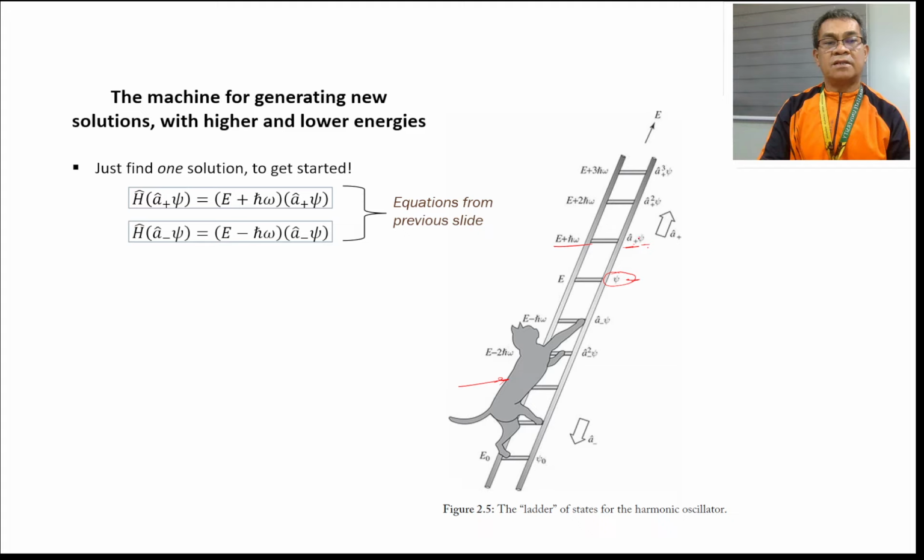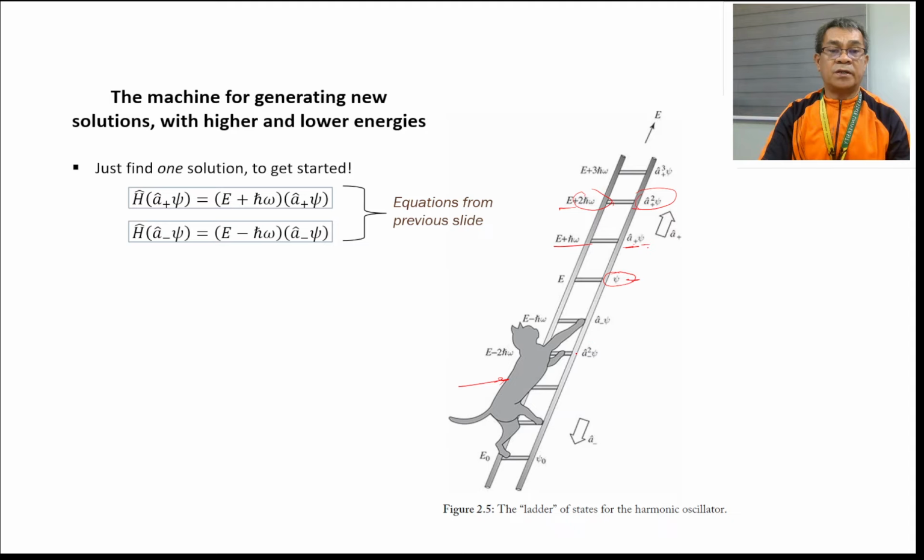If we act again, that's why we have this a plus squared. Twice you do it, the second time it adds another rung. That's why we have two ħω added to the energy level. That is by the use of the raising operator.